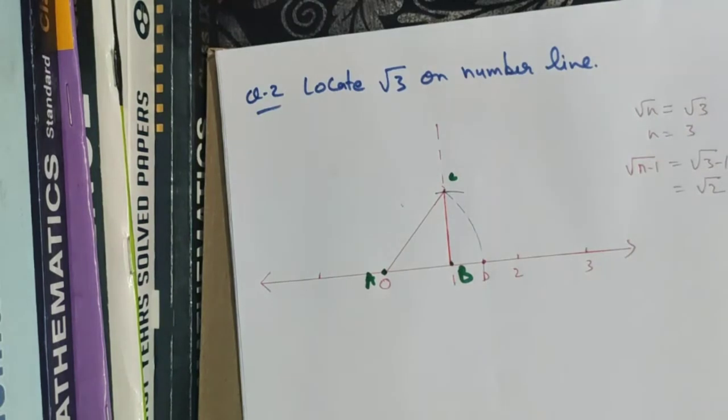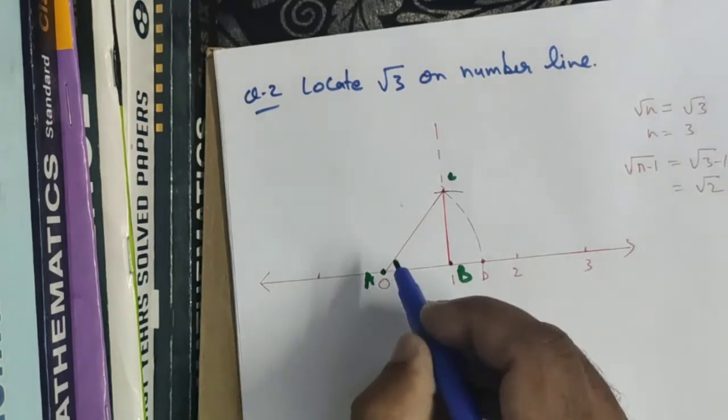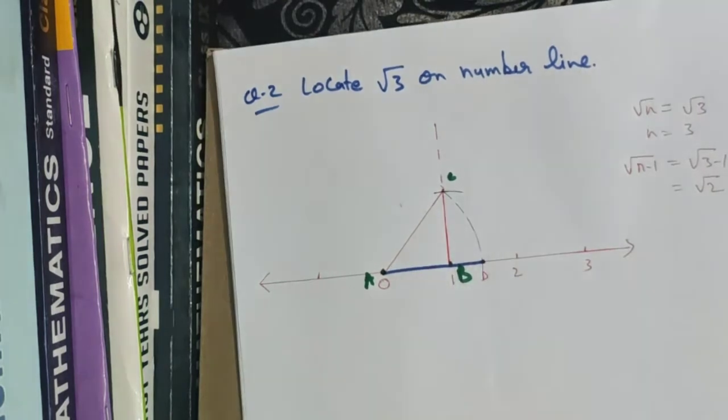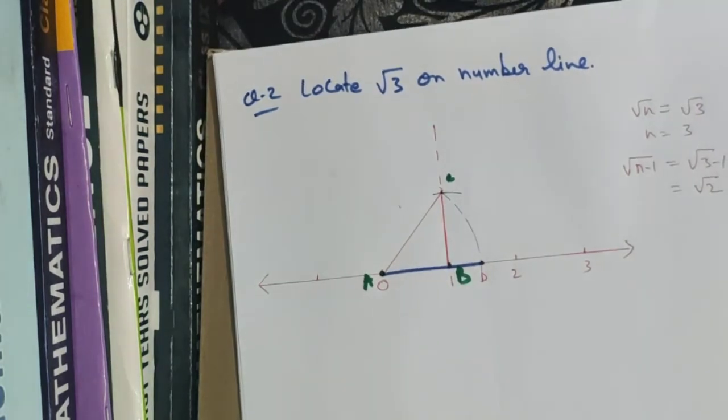So we have got under root of 2. So first step we have done, we have located root 2. Now we have to again draw a perpendicular of 1 unit from point D.